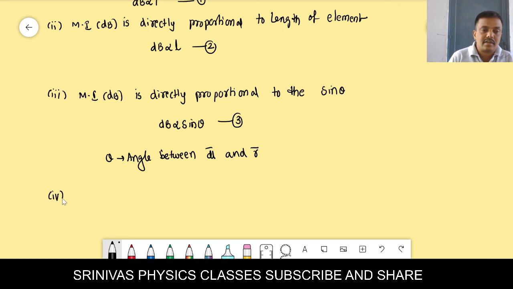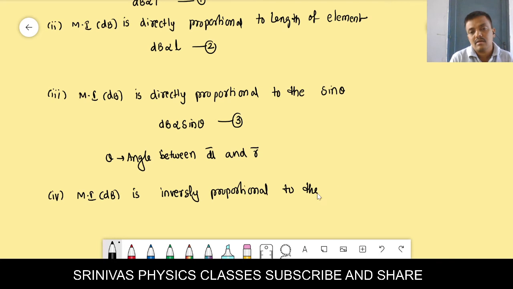Fourth factor: the magnetic induction due to the current element is inversely proportional to the square of the distance of point P from the center of the element.